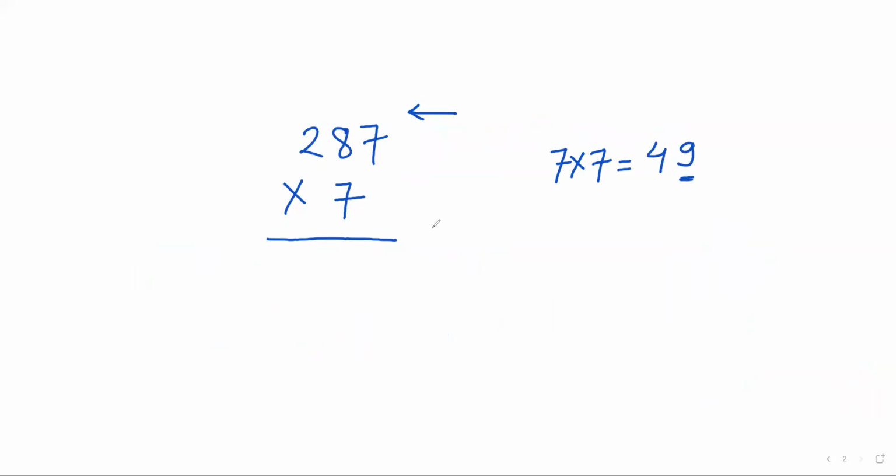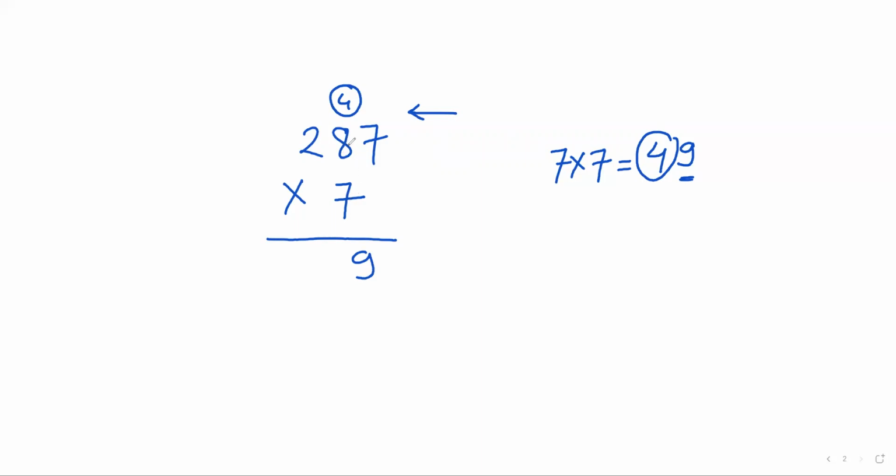Write this last digit here and take the other number as carry and write it above the next number. Now multiply 8 by 7.